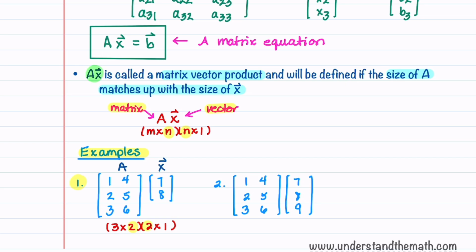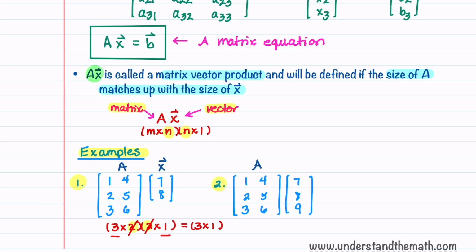These 2 numbers are the same, so our product is defined, and the size of our product is going to be 3 by 1. We just ignore these inner numbers, and our size comes from the first 3 and the last 1.